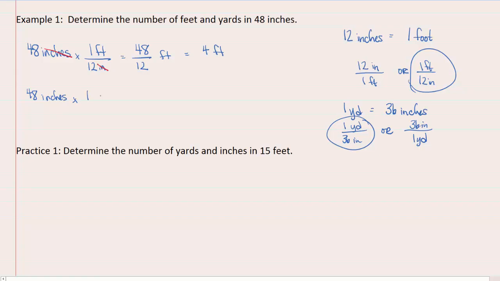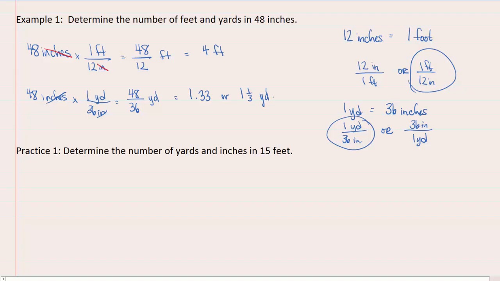So if I multiply by this conversion factor of 1 yard over 36 inches, I get 48 over 36 yards. I now need to reduce or divide, and when doing so, I will get 1.33 or 1 1/3 yards.